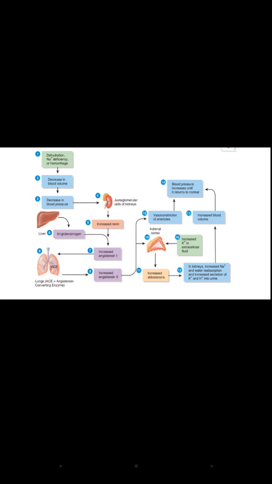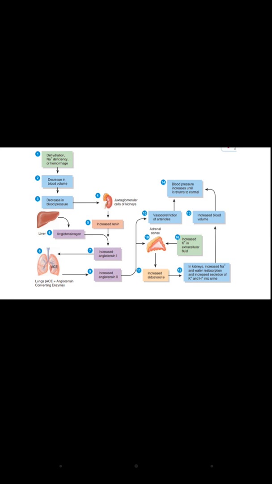The effects of angiotensin 2 are on the arterioles and the adrenal cortex. There will be vasoconstriction of the arterioles first, and second, the adrenal cortex will secrete aldosterone. If there is vasoconstriction of arterioles, the blood pressure will increase.